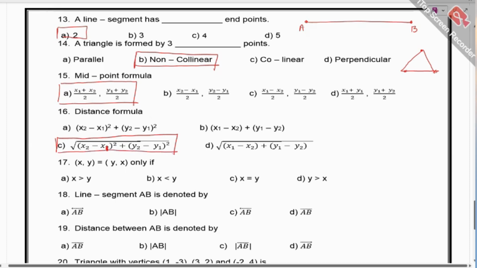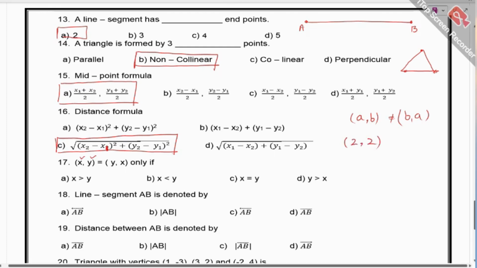Students, if you remember, I have told you AB is not equal to BA. We have studied this thing here. But here we are saying that two ordered pairs are equal. How is it possible? This can only be possible if both coordinates are same. Let me take one example.